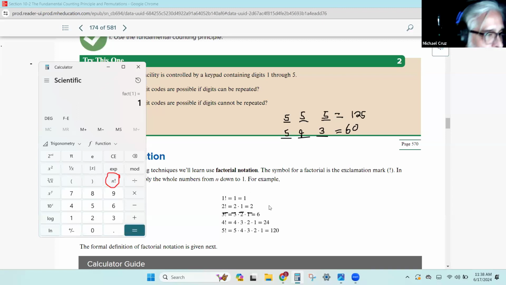Well, it's just 1. All it is is counting down and multiplying. So 2 factorial is 2, because 2 times 1 is 2. You're just multiplying down. So 3 factorial is 6. How do we get that? It's 3 times 2 times 1. That's what the factorial key means.